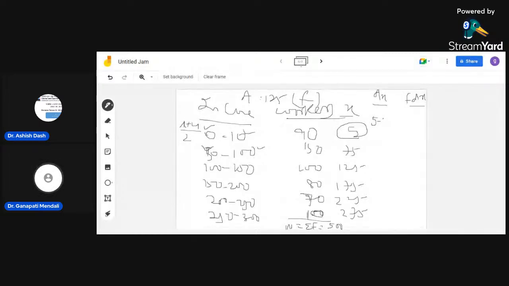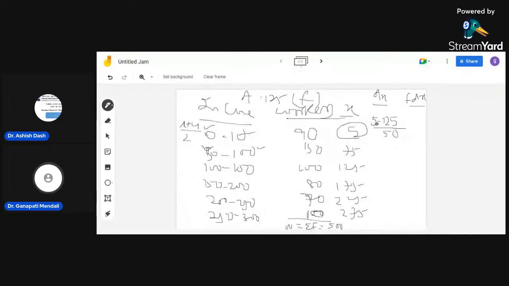I think there is some printing mistake in the study material that I will check. So this is 0 plus 10 by 2, that is 5. So 5 minus 125 by h. It is 50.